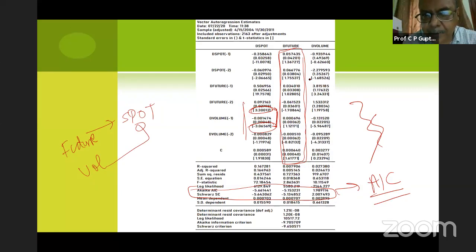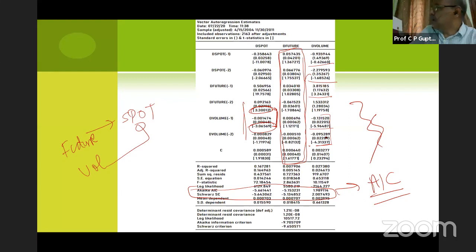Look at this. Not significant, not significant, and this is coming to be significant, and this is coming to be significant. This is coming to be significant. Sorry, volumes. So by going through VAR also, you can determine the cause and effect relationship by studying the coefficients together.